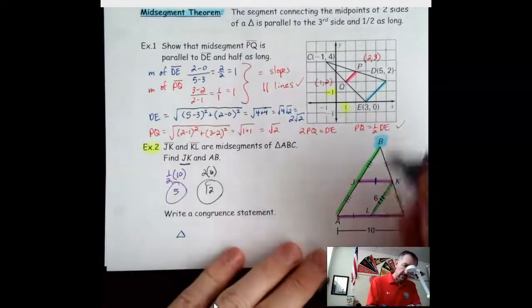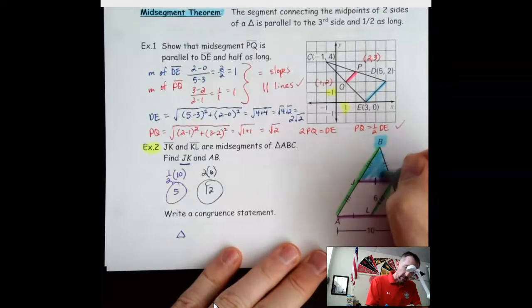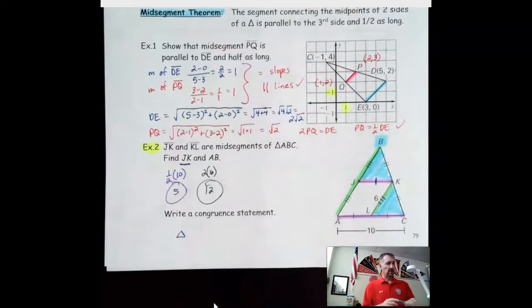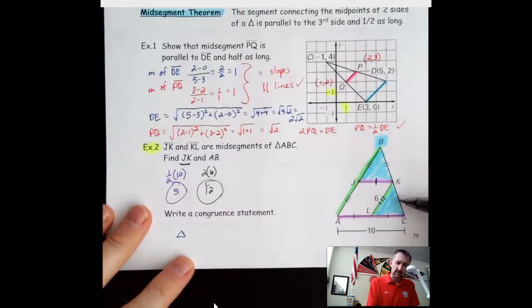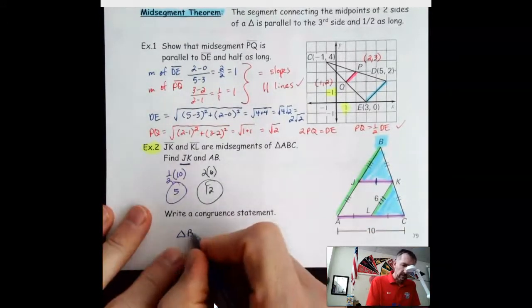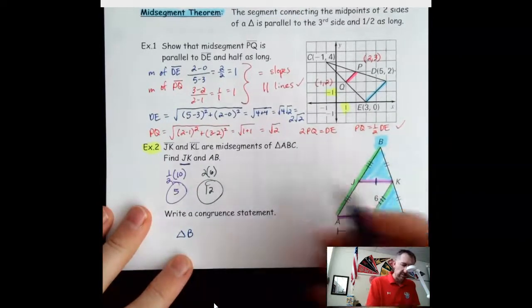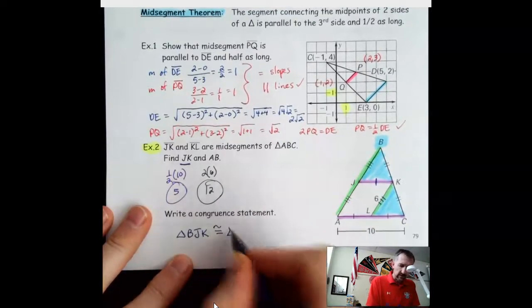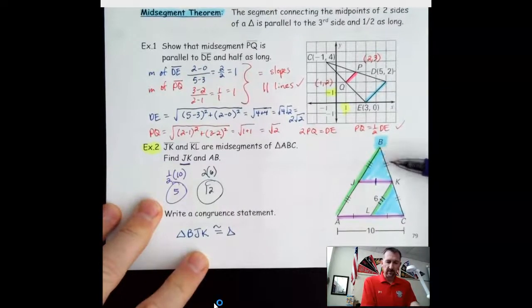So the best letter that's involved in these 2 blue triangles is B. And then in that H-I-J-K, so it'd be B-J-K is going to be congruent to triangle. Now B is in between the 2 and the 3.